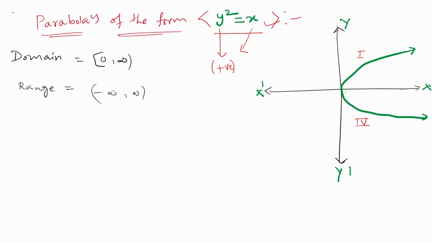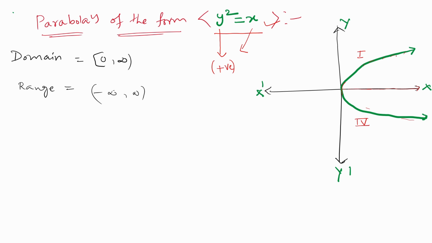Now you can see this entire graph is divided into how many parts here? Two equal parts with the help of x-axis. X-axis can divide it into two equal parts.